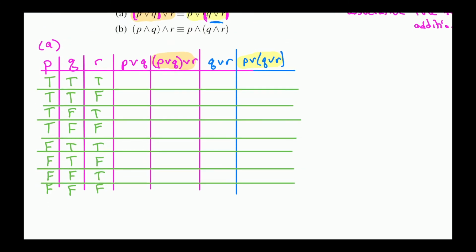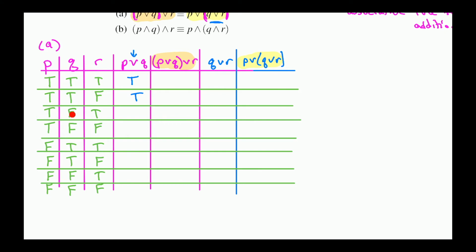Now we will get started. You have to remember the rules for truth tables, right? When you're doing an or, any true makes it true. The only time an or is false is when they're both false. So we're doing P or Q. True or true, true. True or true, true.